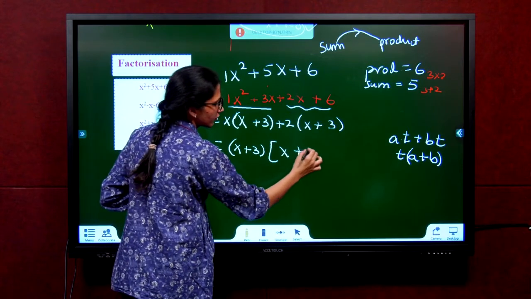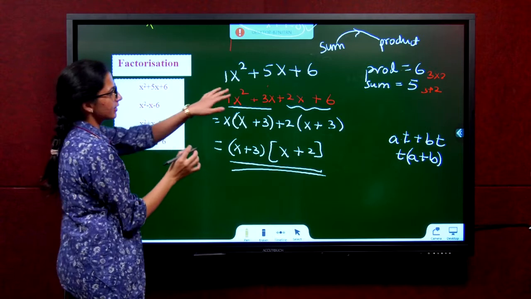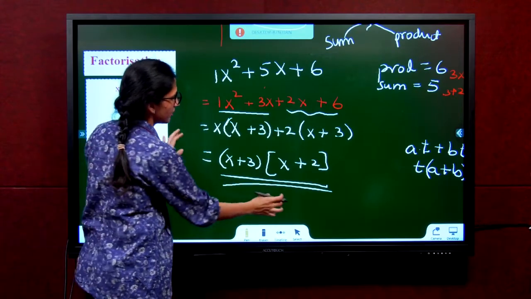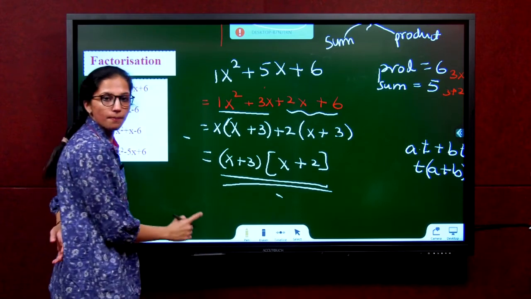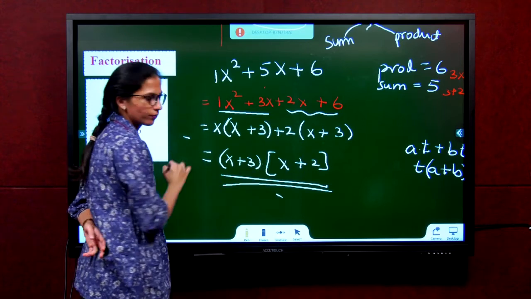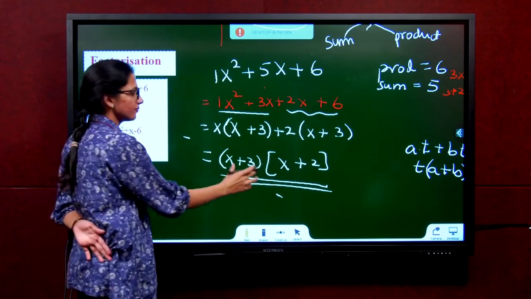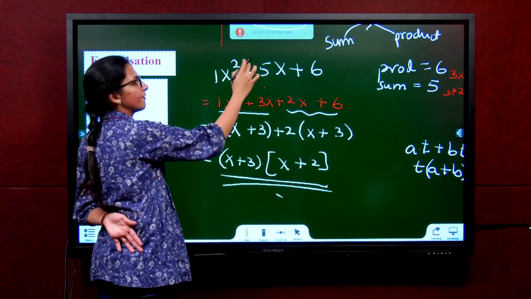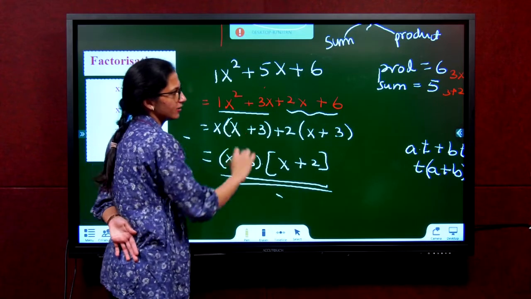Who is left? 2. So you converted addition to multiplication. Please see, addition got converted to multiplication. Plus plus plus, here you have into. So this is called factorization. These are called the factors of x.